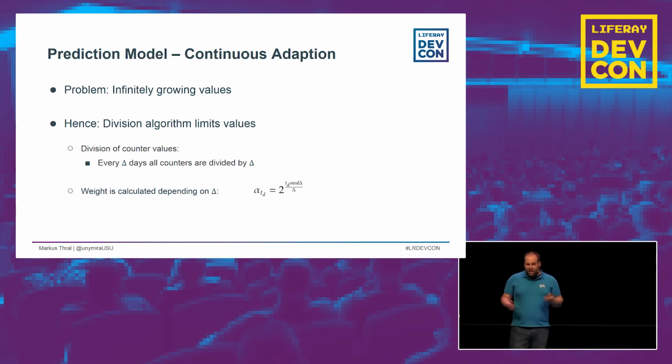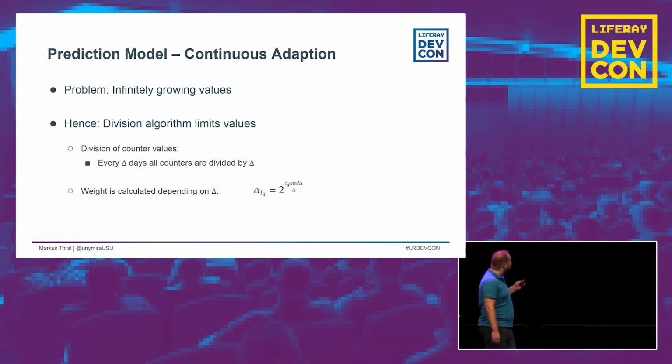We cannot store that. That's bad. What we do is we implemented a division algorithm which divides the counters every delta days by delta. And the weight itself, which is added, is calculated depending on delta. For the formula lovers here, this is the formula.